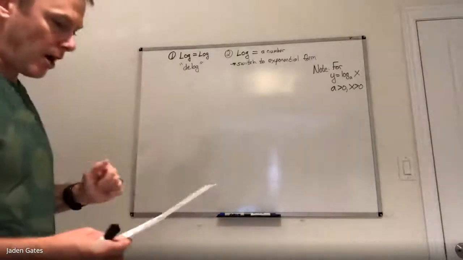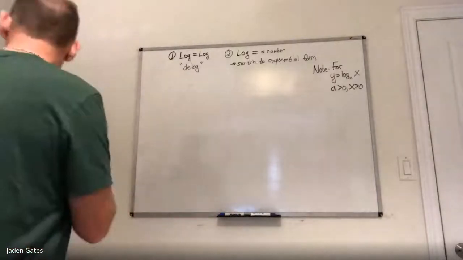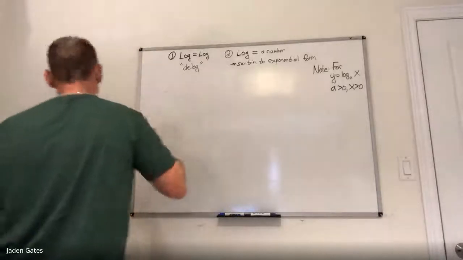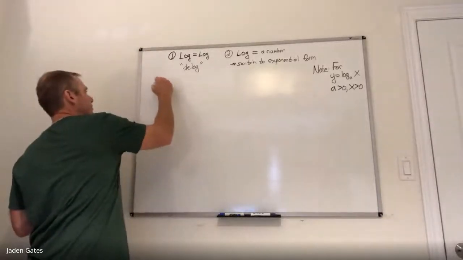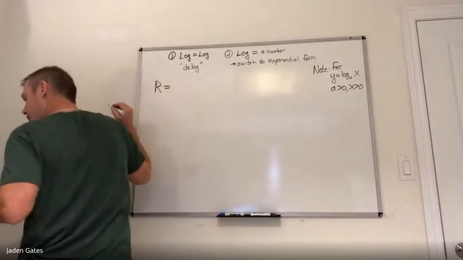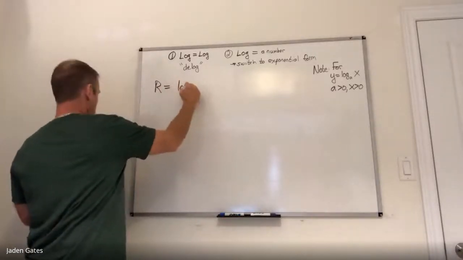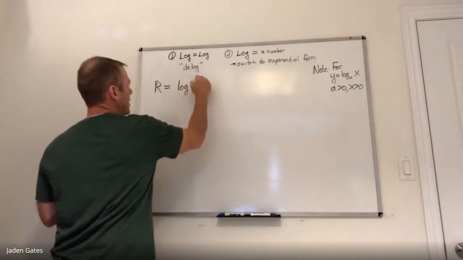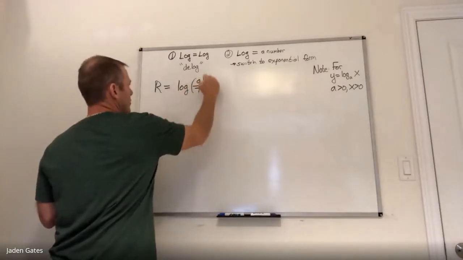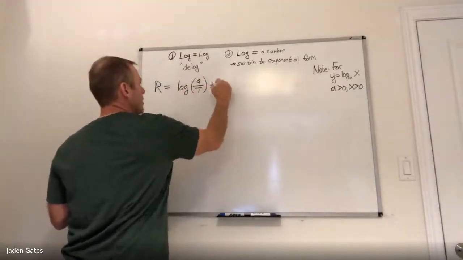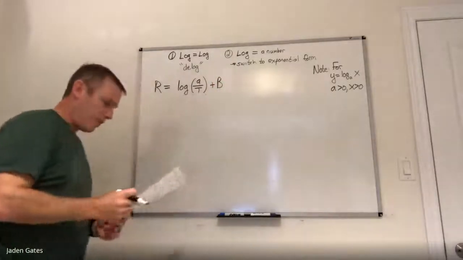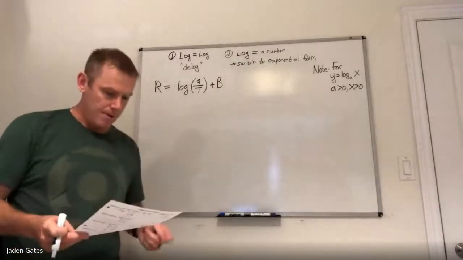All right, so then I'll get to the final sentence here. But I'm going to write down the equation because I have R is equal to the log of A over T, plus B. So I'm going to have to substitute in a lot here and find out what I need. Now back to the last sentence.